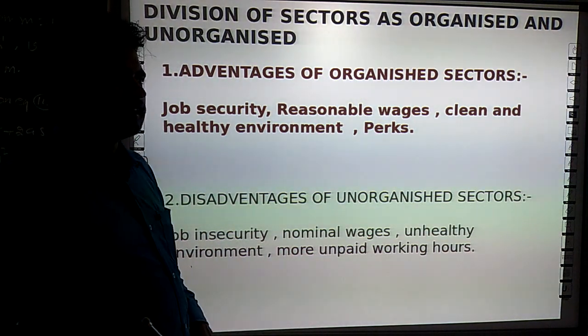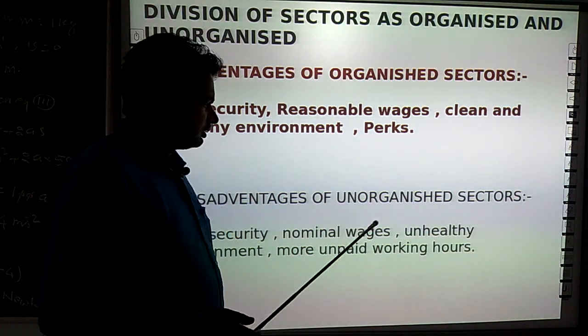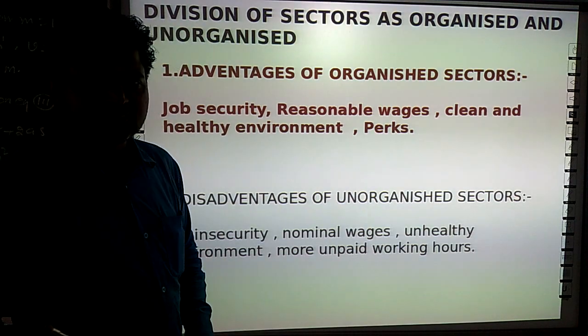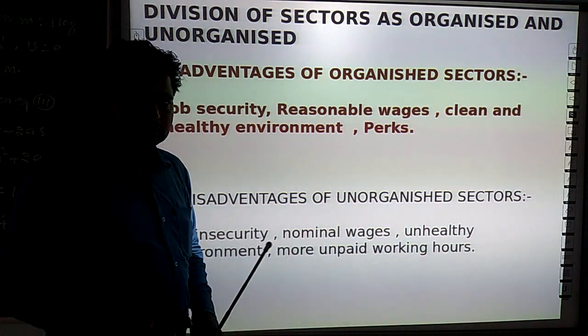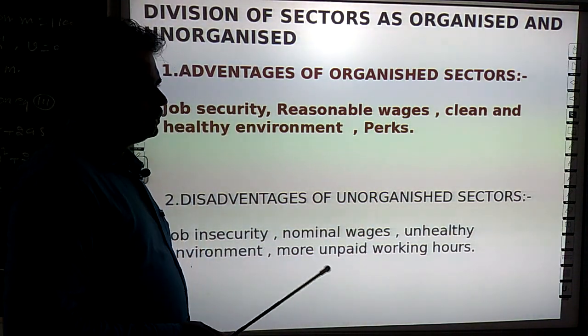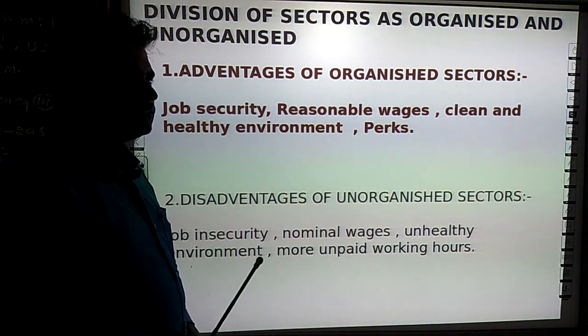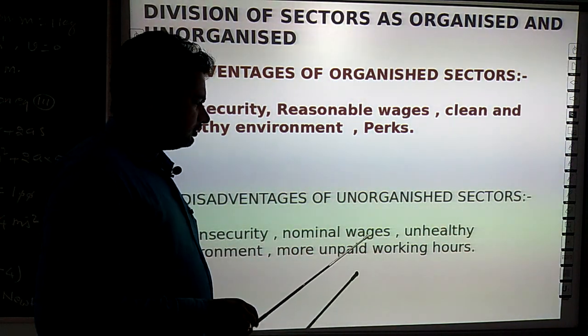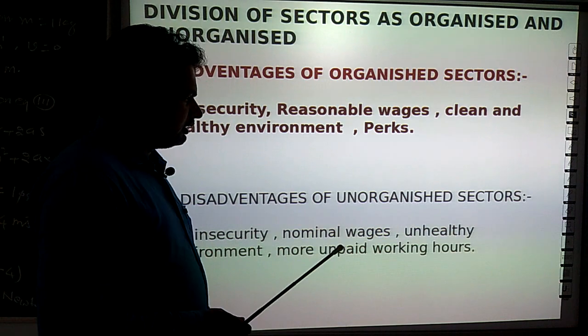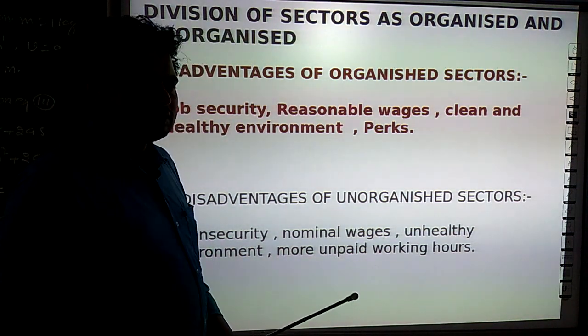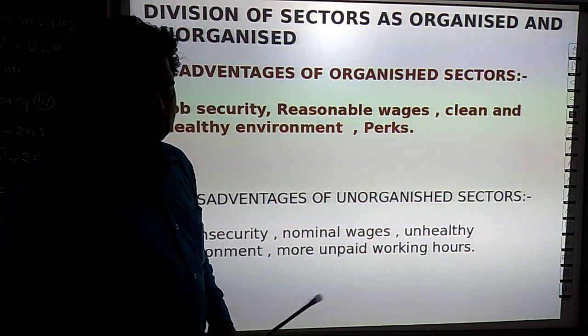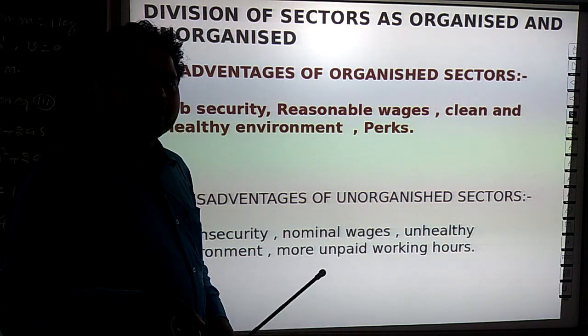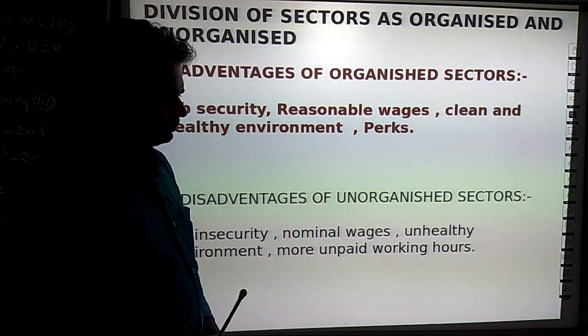Even the wages are nominal, meaning those involved in the unorganized sector find it quite impossible to survive on the wage they get. And on the day they do not go to work, they get no wage for that day.